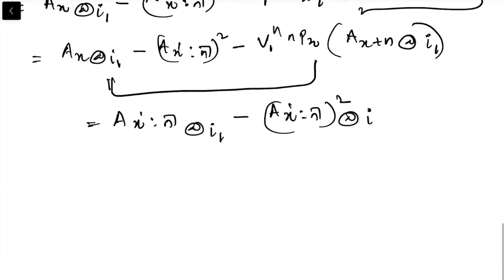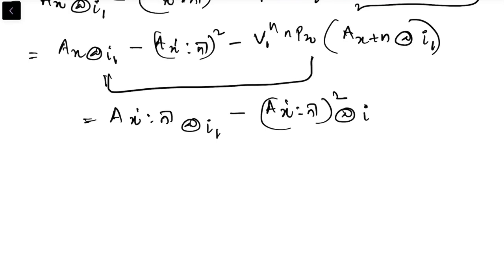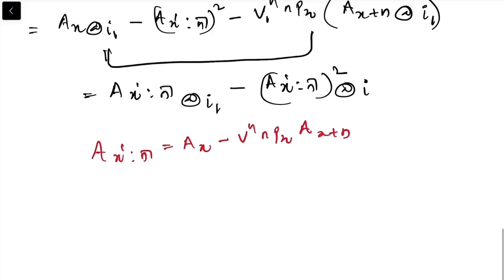All right, now let me write with a different color. A^1_x:n is A_x minus v^n _np_x A_(x+n). We have a different notation: 2A^1_x:n is 2A_x minus v^(2n) _np_x 2A_(x+n).